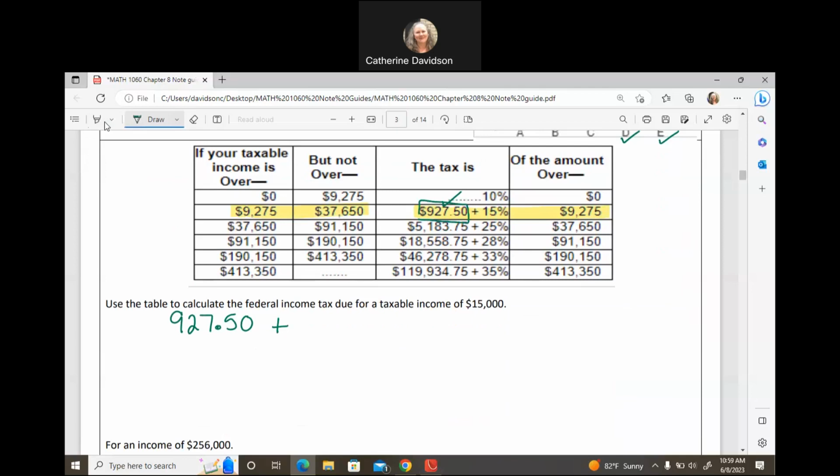All right, so let's go from here. Now, 15%, I do need to convert that to a decimal. And it's 15% of any amount that you make over 9,275. So if you take the 15,000 you make and you subtract the 9,275, that's the amount over, the difference between what you made and the base income. Then you add the base tax of $927.50. So that is how you're going to put it in your calculator.